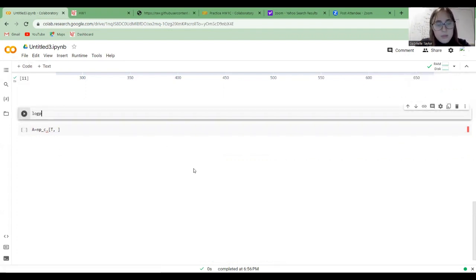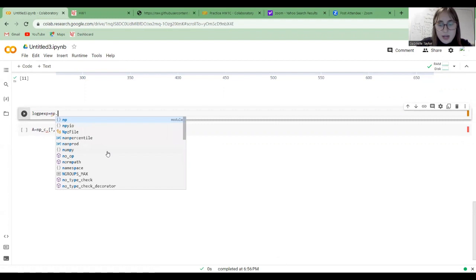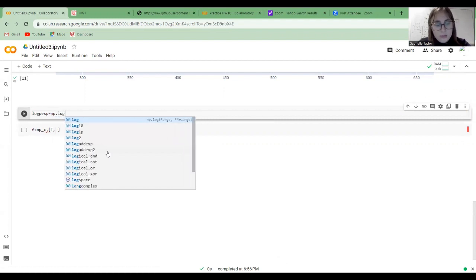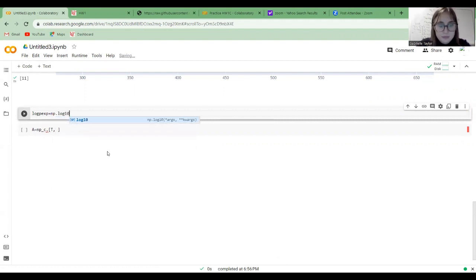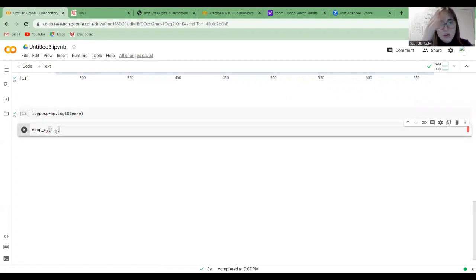I'm going to make log PXP, so log of PXP, using np dot log base 10 of that. Okay. So now for our second data, it's going to be the negative log PXP.